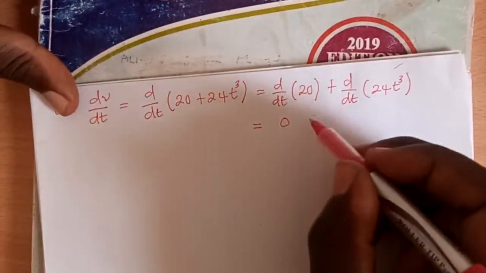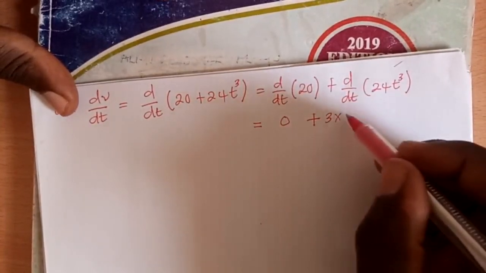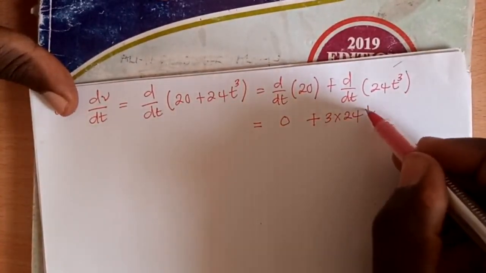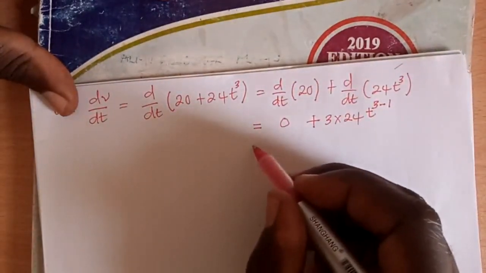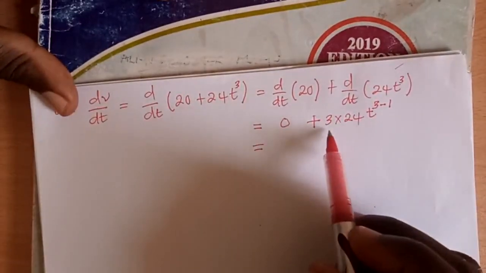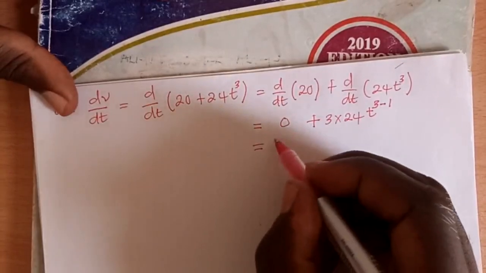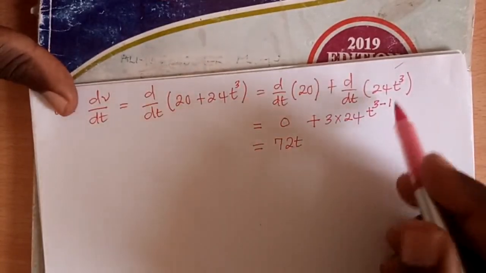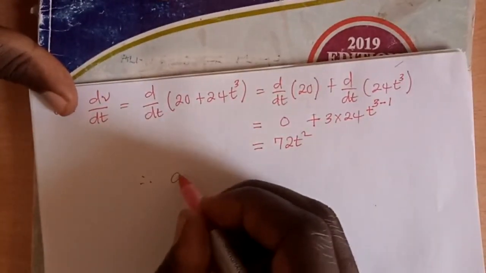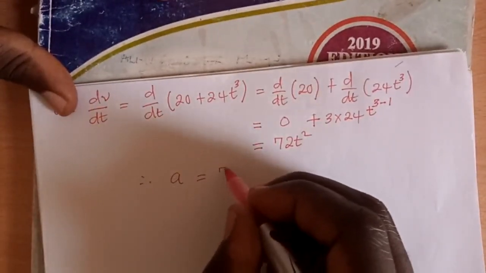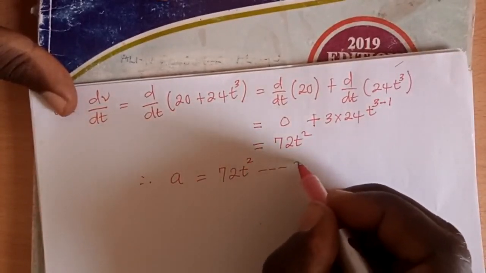So I have 0 plus, and then I bring this 3 and multiply it by 24, and I have t with the power of 3 reduced by 1. So 3 times 24 is 72, t to the power of 3 minus 1, which is 2. Therefore my expression for the acceleration is 72t raised to the power of 2, and I call this equation 3.